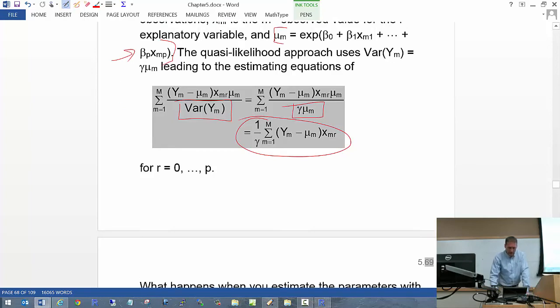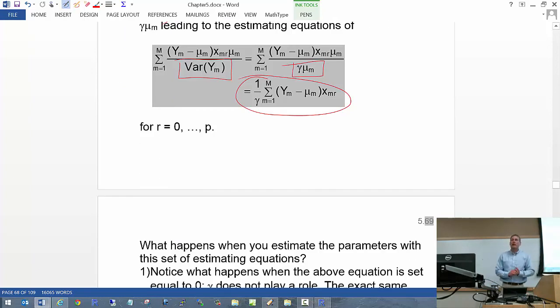And he said, okay, let's just use that now for our estimating equations and find our beta hats based upon this. And those beta hats are not maximum likelihood estimates. But they are estimates from an estimating equation that you can use for Poisson regression, essentially quasi-Poisson regression. That's how they come about.